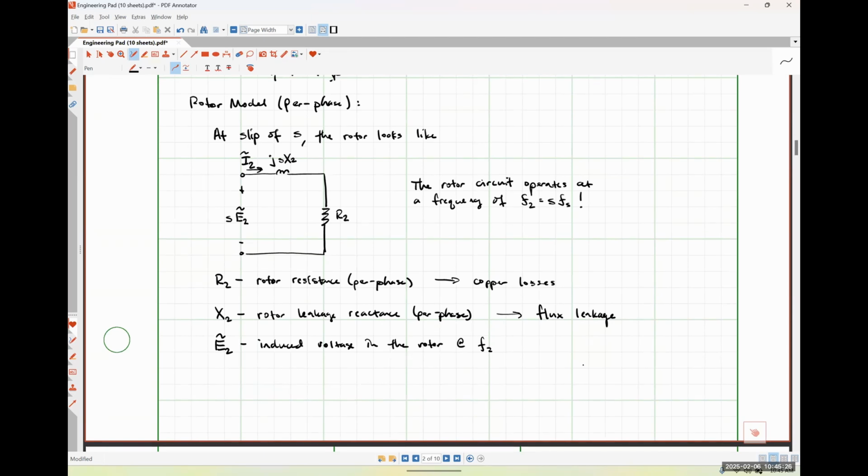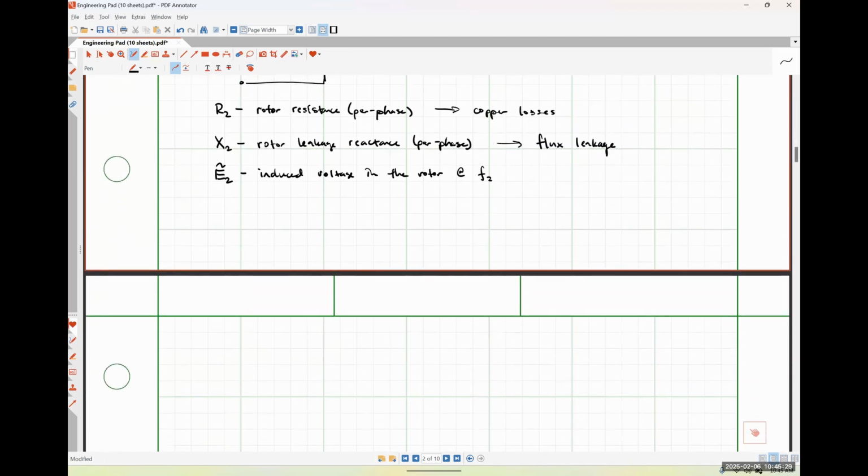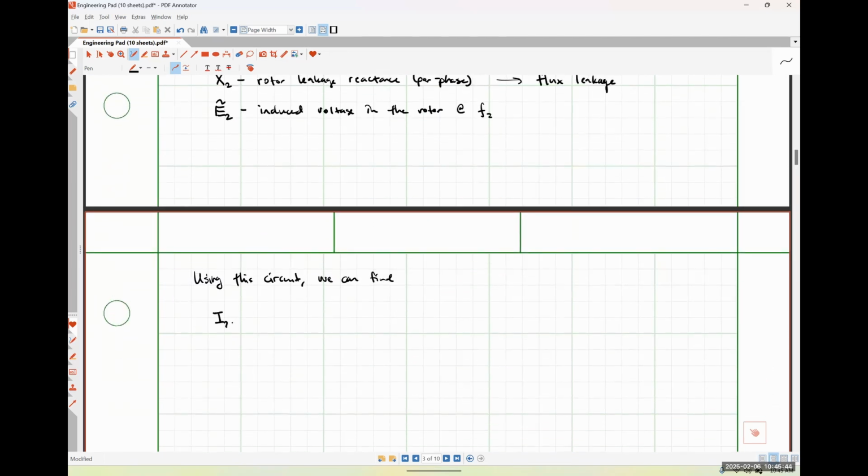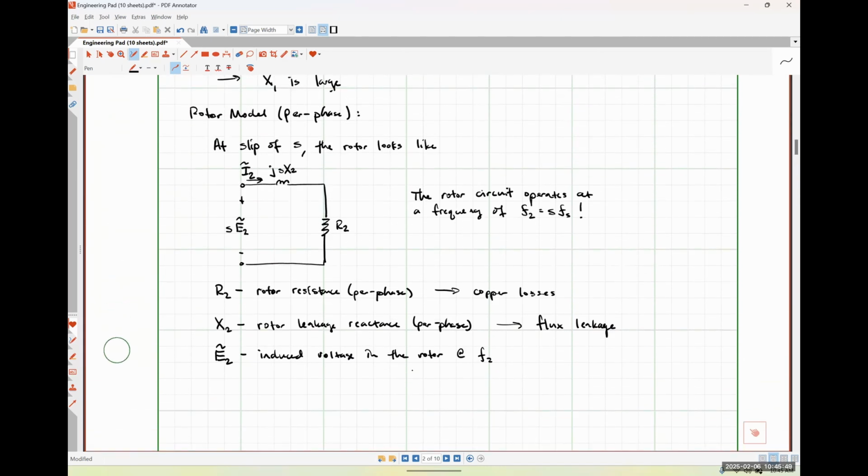Okay, so we can analyze this circuit and solve for our current I2. So literally, I have a voltage drop of SE2, and it is dropped across that reactance SX2 and that resistance R2, so this is literally just Ohm's law.